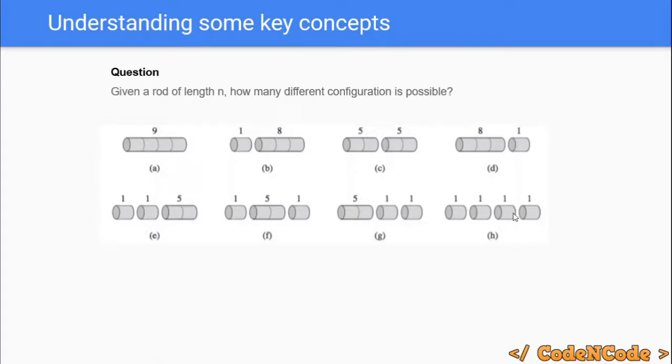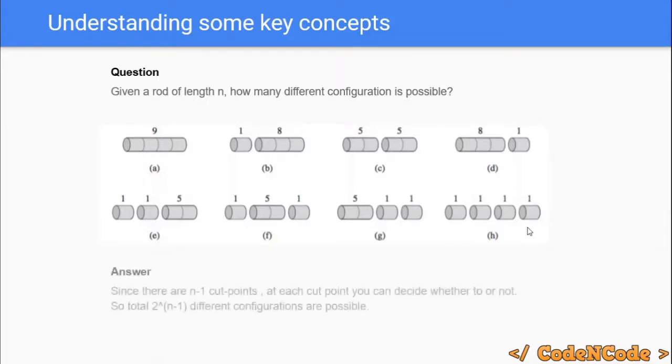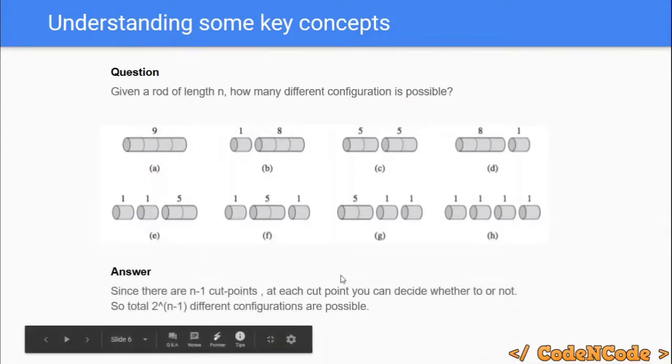Because if we know how many different configurations are possible, then we can apply a brute force approach to find the answer for a rod of length n, if the total number of configurations is not too much. So for length 4 there are only 8 configurations, so I can go through each of them one by one and find the maximum, right? But it turns out that the total number of configurations is 2 raised to the power n minus 1. And why is that so?